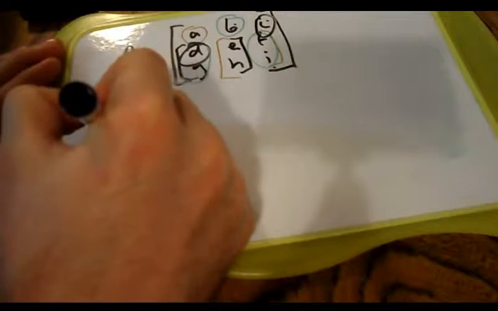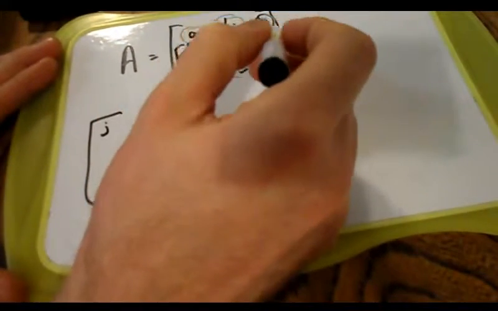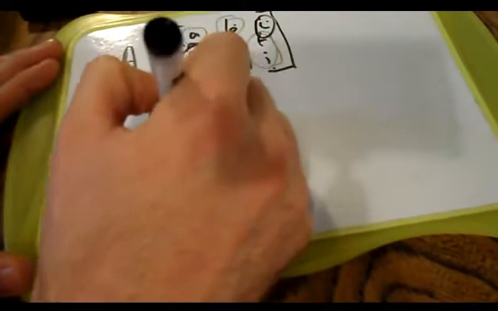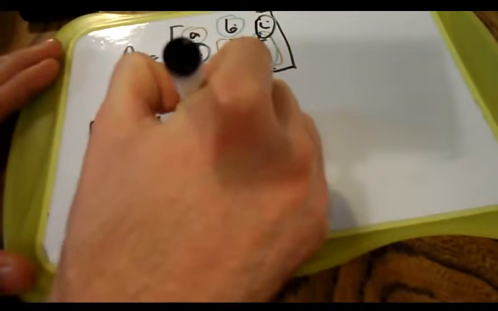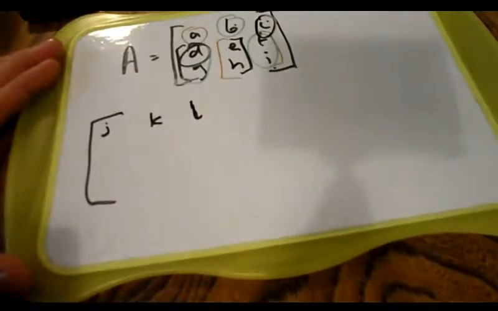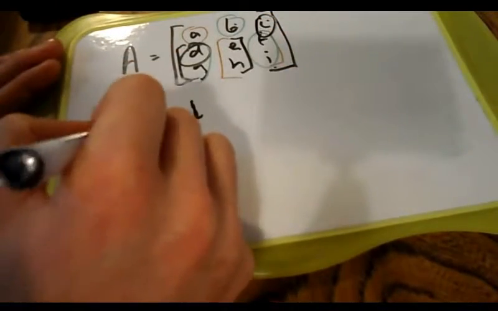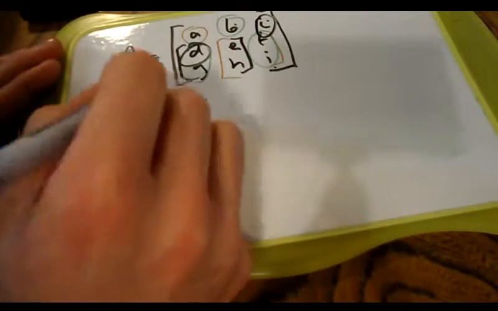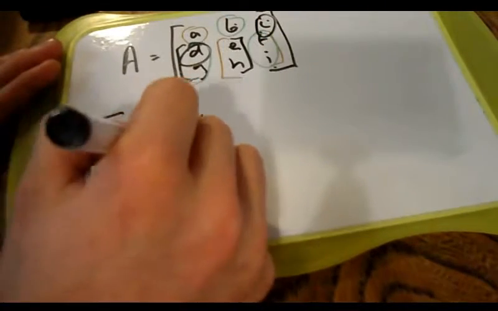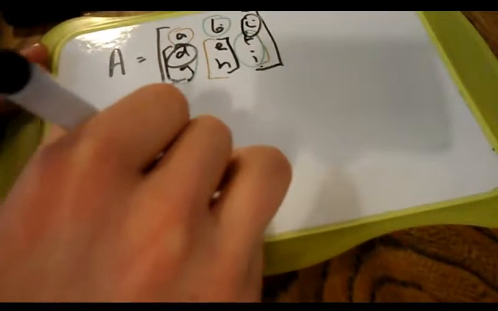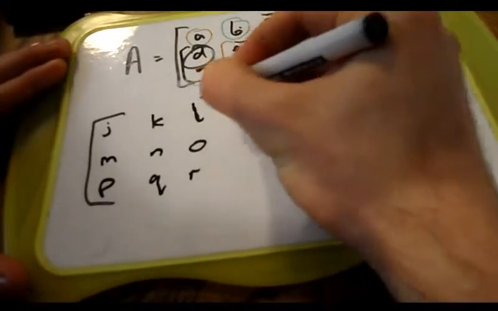So J is just the determinant of E, F, H, I. K is the determinant of D, F, G, I. L, forgot my alphabet there for a second, is the determinant of D, E, G, H. M is the determinant of B, C, H, I. And you guys can figure the rest of that out as I move along here. So we have our matrix of minors.